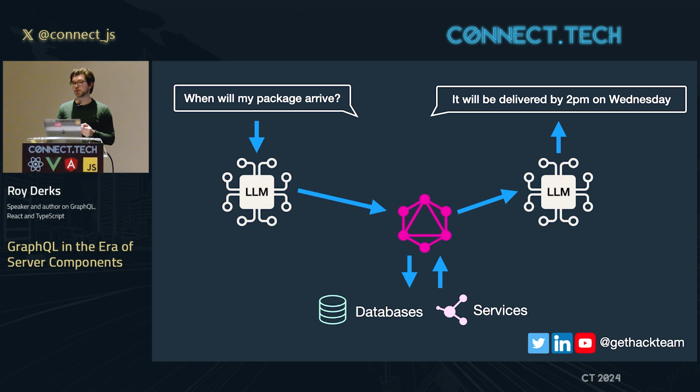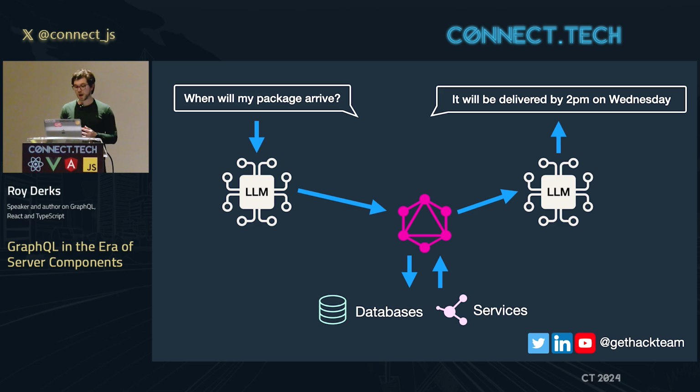Tool calling is where you give the LLM a list of tools, and the LLM can dictate what tool to use in order to retrieve data from somewhere. We've been using this together with GraphQL, where instead of passing the LLM a list of tools, we pass it a GraphQL schema. The LLM is able to look at the schema and, based on your request, create the right operation to retrieve data.